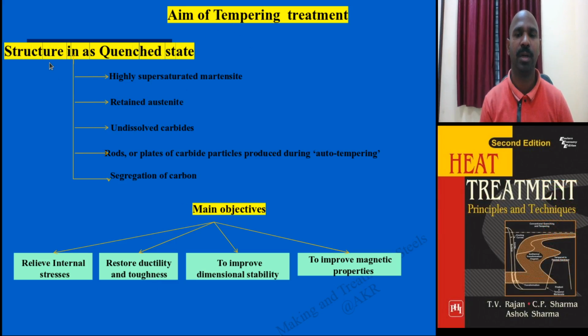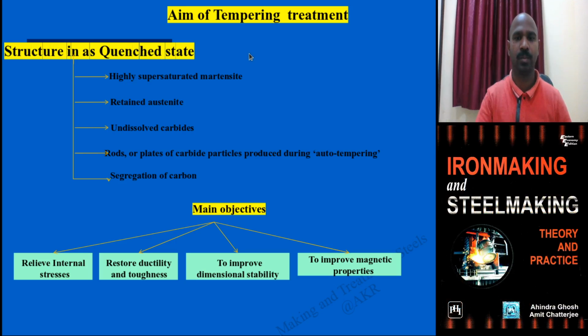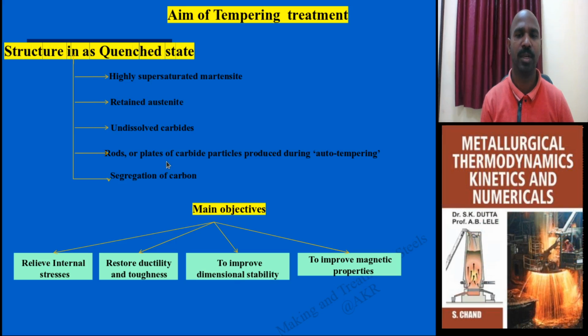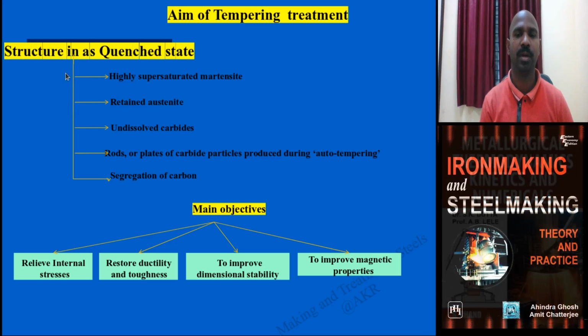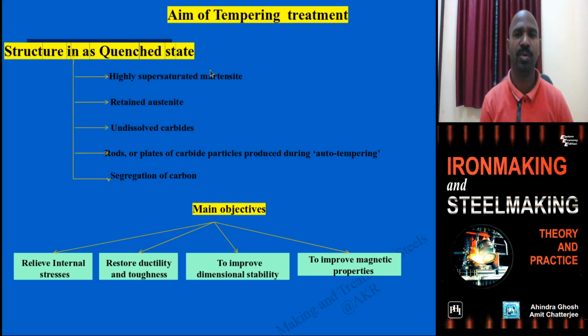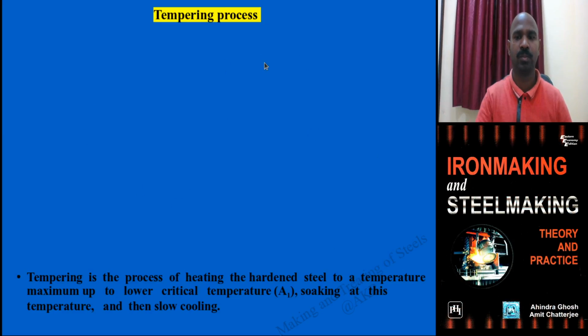Usually you do tempering after hardening, so that hardness, ductility and toughness, all three properties, can be improved with the combination of processes. It also improves dimensional stability, so there will not be irregular dimensions. And for improving magnetic properties, from austenite to ferrite, you will do this tempering process.